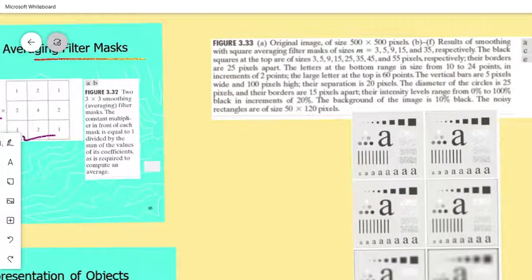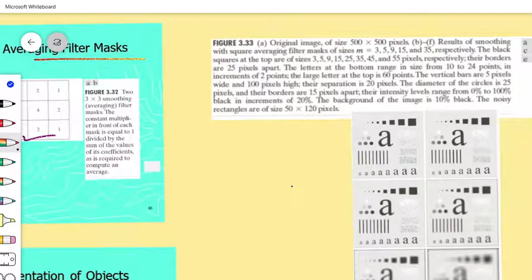See this picture. Observe these pictures. Actually, this is the original 500 by 500 pixel image, and these are the results after applying smoothing filters. These are the outputs. For these, the filter sizes are 3, 5, 9, 15, and 35 respectively.